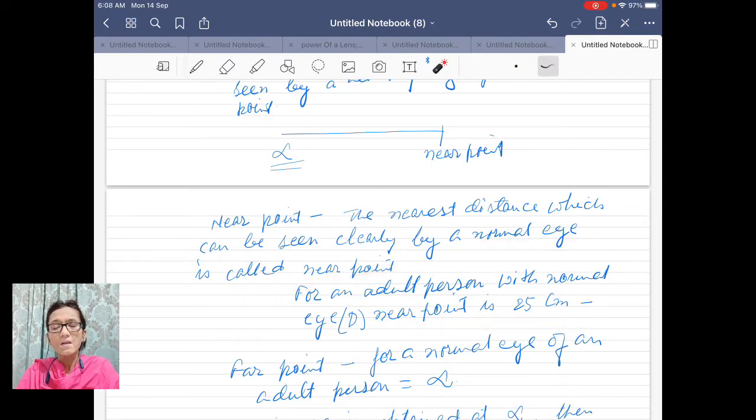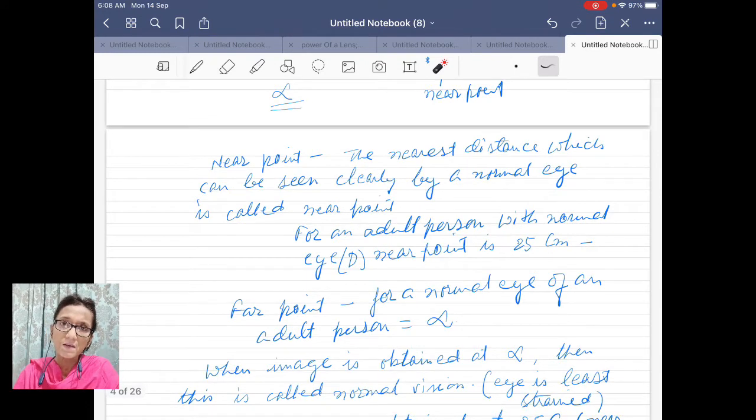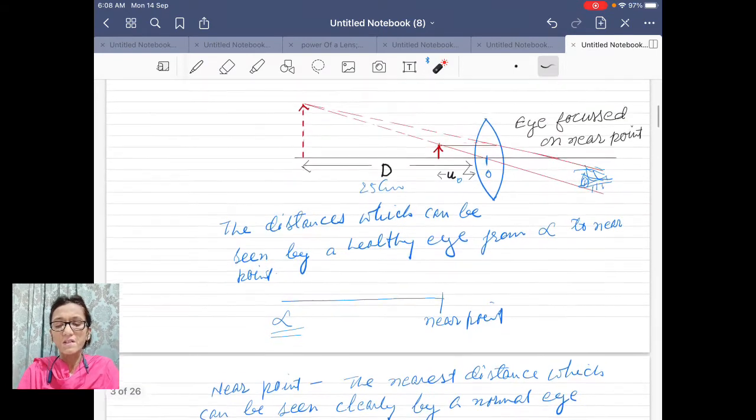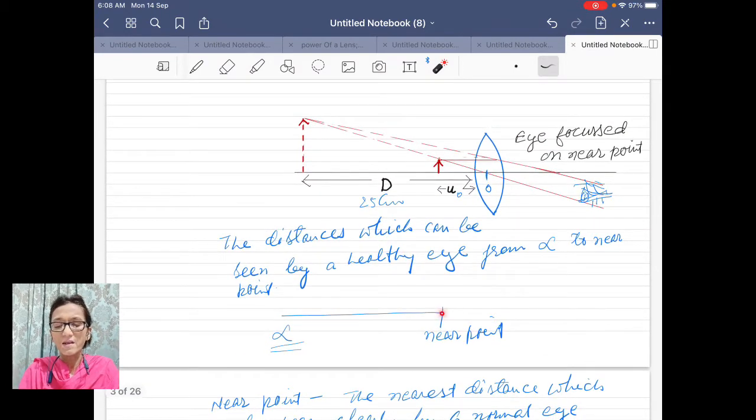Similarly, the farthest point which can be seen by us is called the far point. For a normal eye, for an adult person, this farthest point is infinity. So we see a range of distance from the near point up to infinity.